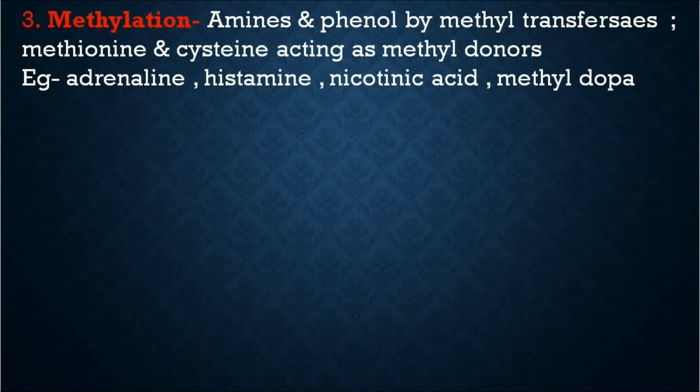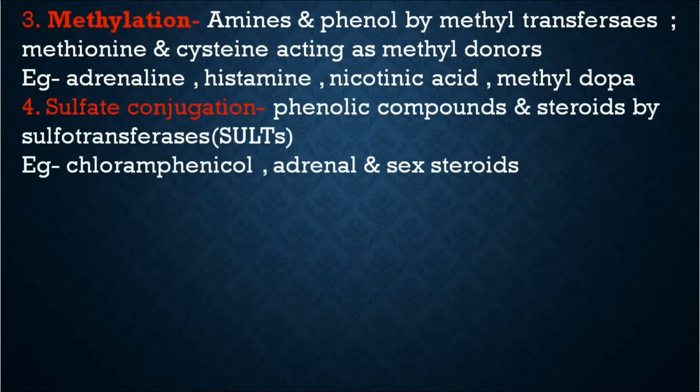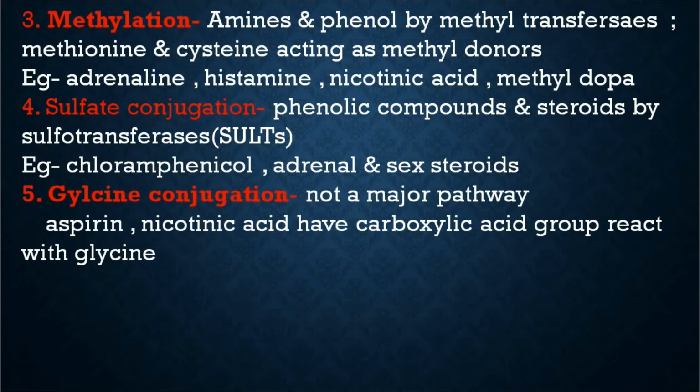Examples: adrenaline, histamine, methyldopa. Sulfate conjugation: phenolic compounds and steroids by transferases. Example: sex steroids. Glycine conjugation is not a major pathway. Aspirin and nicotinic acid have a carboxylic group and react with glycine.